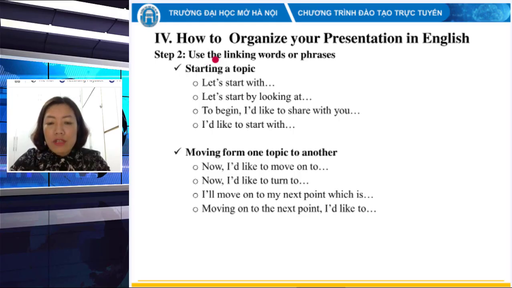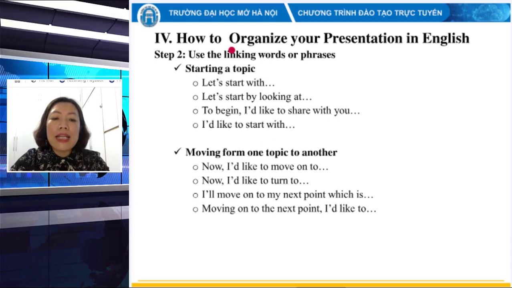And after finishing the first idea with explanation and examples, you move to another topic by saying, now I'd like to move on to, or I'd like to turn to, I will move on to my next point, which is, moving on to the next point, I'd like to, blah, blah, blah. So you just talk about the second main point with explanation and examples. Got it?